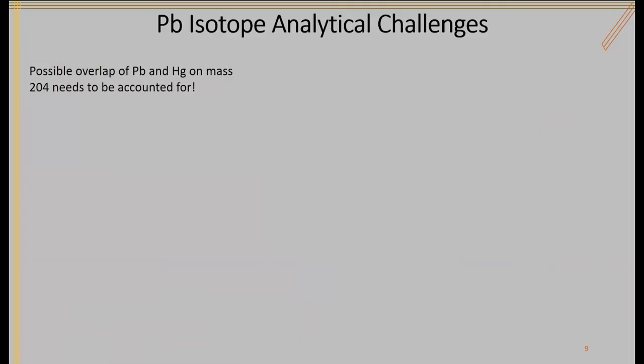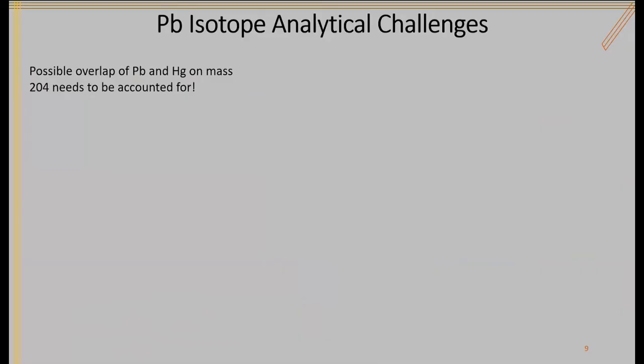Lead isotopes are usually displayed and normalized in relation to the non-radiogenic lead isotope 204. And this brings me to the various challenges that are involved when we acquire lead isotopic data. An analytical challenge is the overlap of lead and mercury on mass 204 that needs to be accounted for.